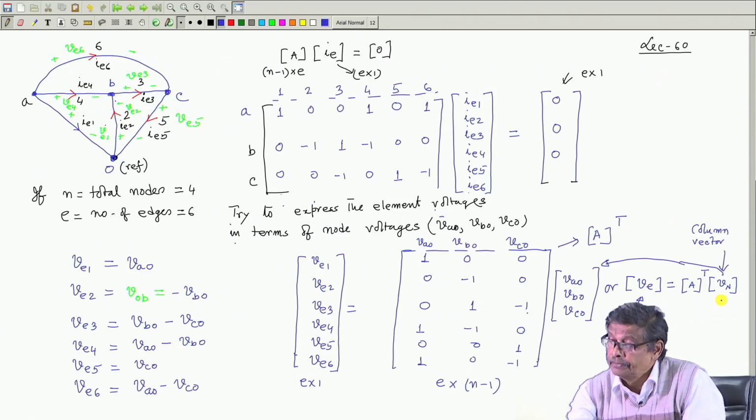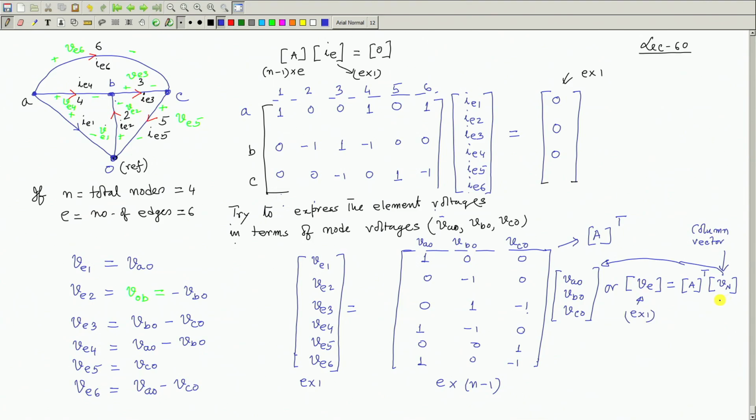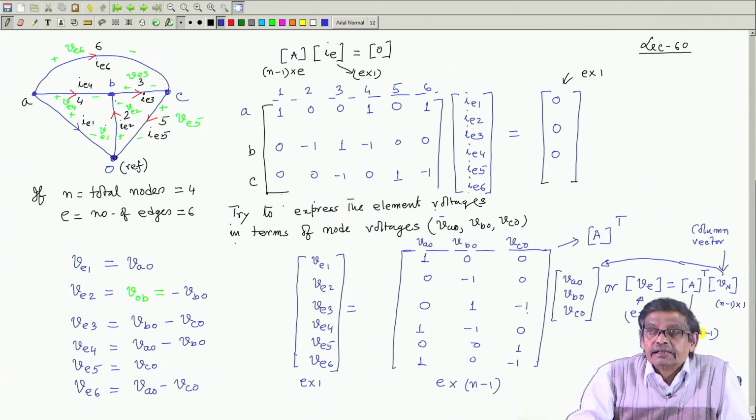This size will be n minus 1 into 1, and A transpose size will be E by n minus 1. Therefore, the incidence matrix which we got by writing down KCL equations also appears as A transpose, and it connects the element voltages with the node voltages.